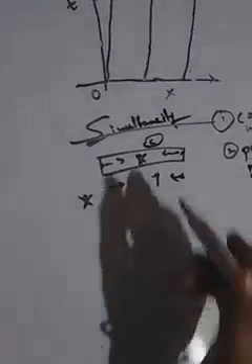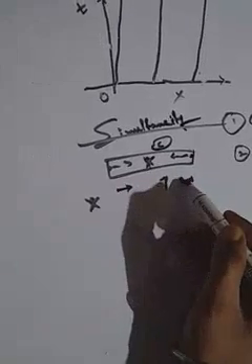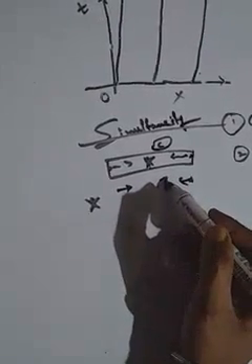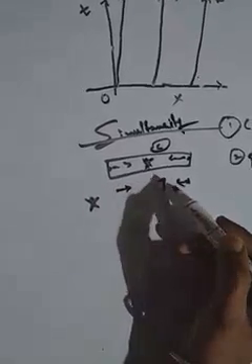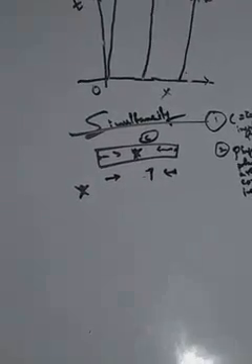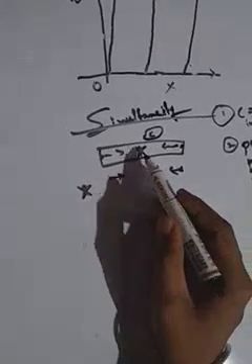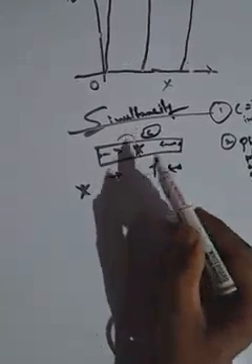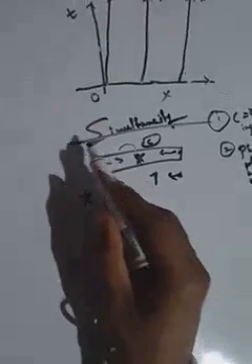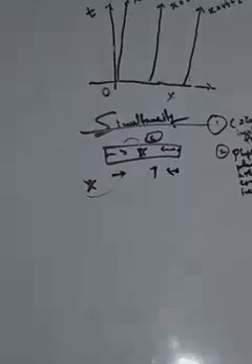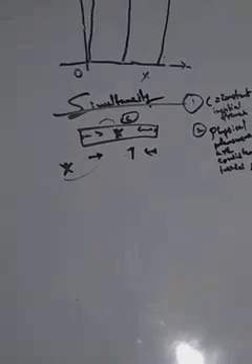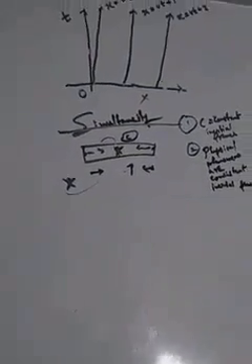Hence, it will reach the midway faster than the rear end. So we see that things that are simultaneous in this frame are not simultaneous in this frame. This is what we call the breakdown of simultaneity.